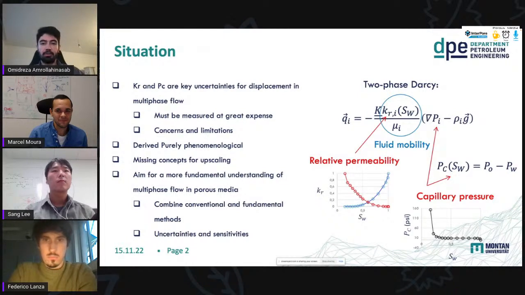For example, the conventional methods which are used to measure these functions usually take a lot of time, they are expensive, and if you have many rock types which you would like to analyze, which is usually the case, you are limited by your budget and the time that you can spend on these measurements.